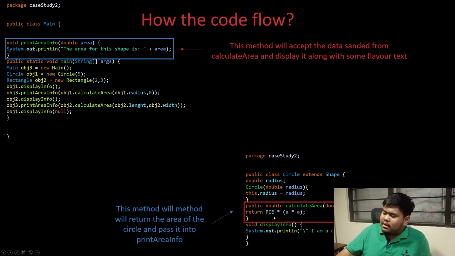Let's say the circle's calculateArea returns 5, and then printAreaInfo will receive 5 as its parameter, and then it will print the data with flavor text. The flavor text is "The area for the shape is" plus area. So if we put area as 5, then the area for the shape is 5.